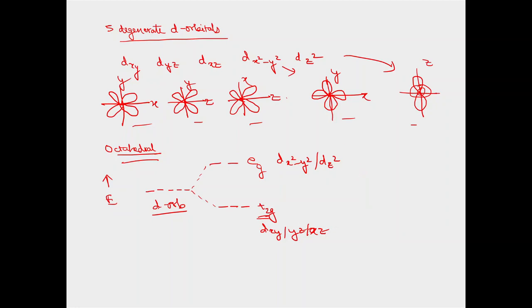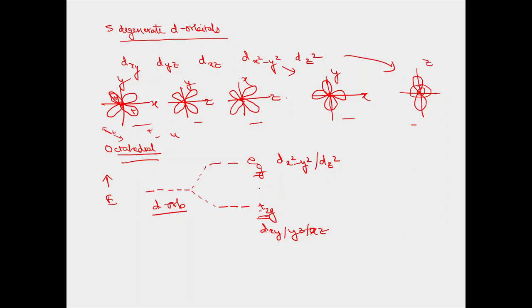Yes. For all the d orbitals, this is the center of symmetry: going on both sides of the lobes, the sign is the same, plus. So it is gerade. Whereas if the symmetry was absent, like if it was plus on one side and minus on the other, then it would be ungerade. So this g is coming from that.